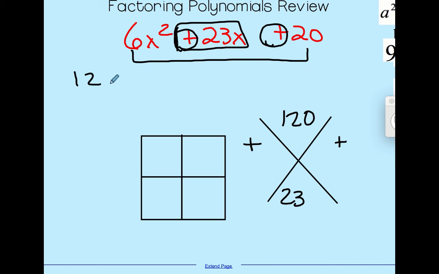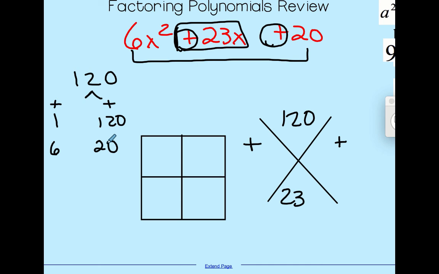So 120 has a lot more factors, but let's just go ahead and try two. I know they both have to be positive this time, so that's helpful. So if I did 1 times 120, that's 121. So let's go ahead and break it down a little bit more. Let's say we did 6 times 20. Well, now they add up to 26. I'm getting closer though.